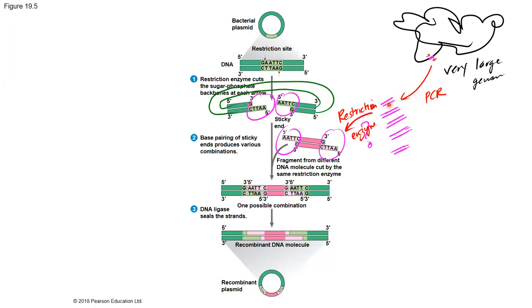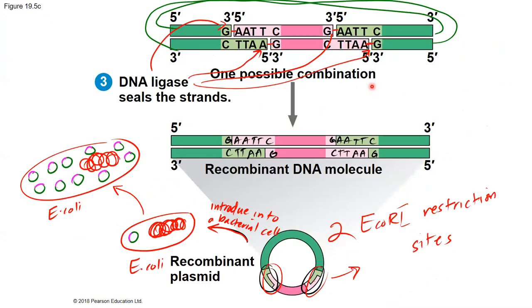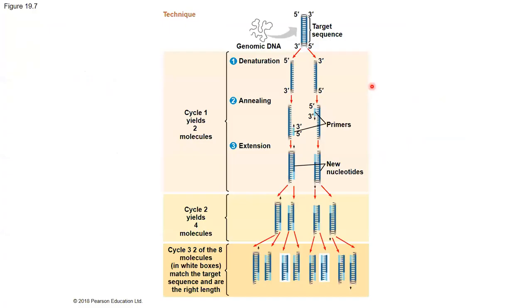But you have to understand that naturally your DNA that you want to clone might not have two restriction sites on both ends. So sometimes you have to put artificial restriction sites, by using primers that will have a restriction site.